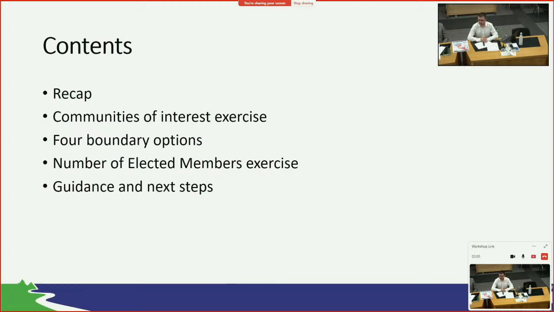Thirdly, we want to discuss four boundary options based on guidance from previous workshops, and we'll discuss that at the time. Fourthly, we aim to do an exercise with you in terms of the number of elected members and how that might influence particular boundaries, representation, effective representation, and the like. And then finally, looking to bring that all together. So that's an idea of where we're going over the next hour to hour and a half or so.